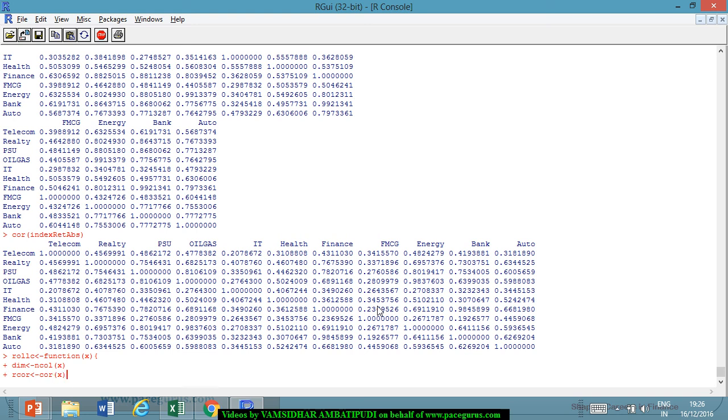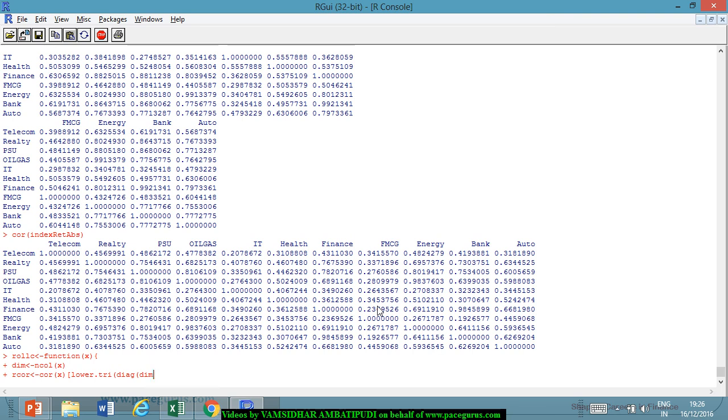I'll take the correlation which we have computed above, but within this correlation I'll take only the lower triangle. So I'll not take all these values, I'll only consider lower dot tri, and across the diagonal I am taking the dimension. So the dimension is the number of columns, which is 11.